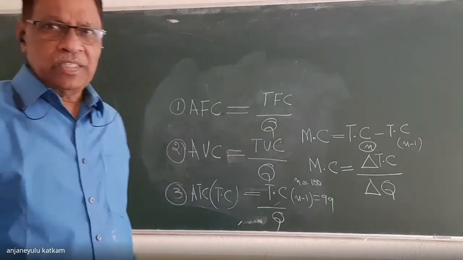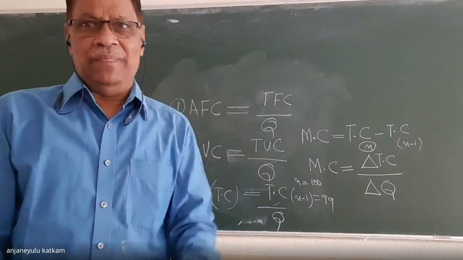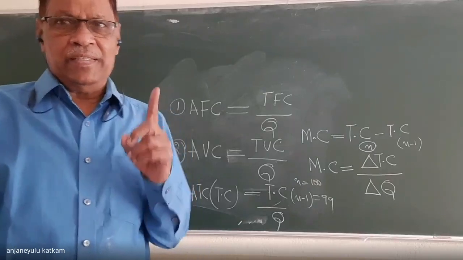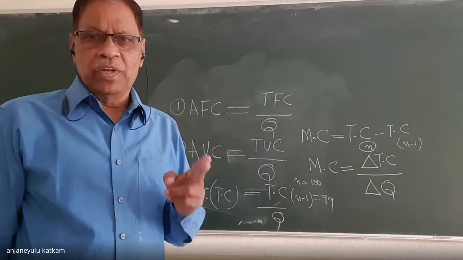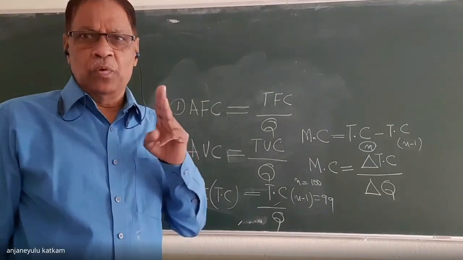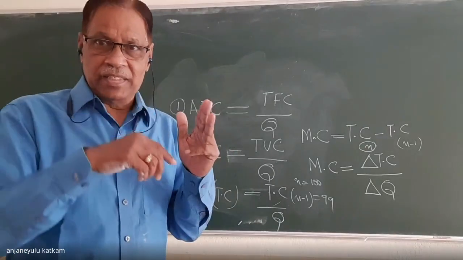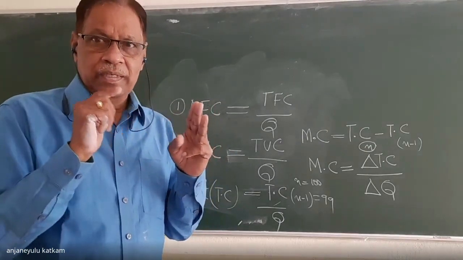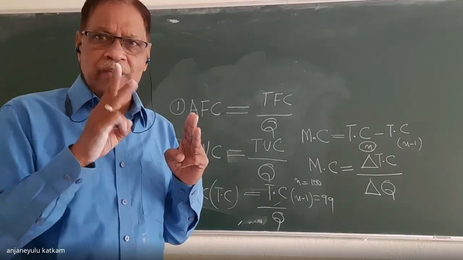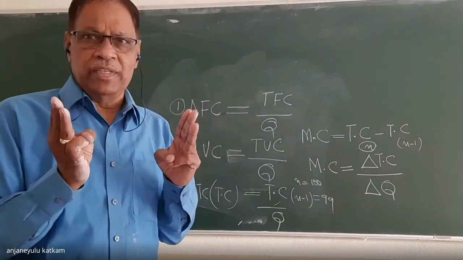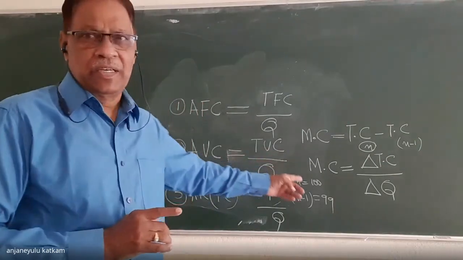So like this, we now have 7 types of costs in the short run period. One is the total cost, second, total fixed cost, and total variable cost. Then 3 averages: average fixed cost, average variable cost, average total cost. So 3 averages, 3 totals, 6, plus 1, that is the marginal cost.